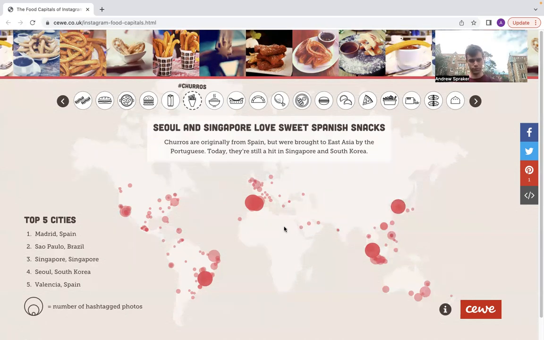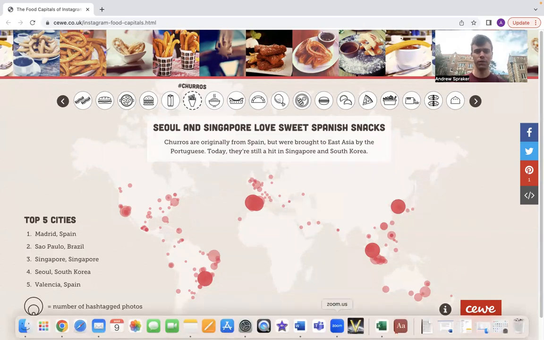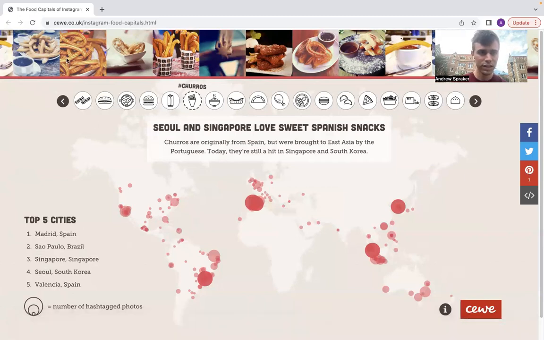By looking at this, you can know pretty much right away that if you go to Madrid, Singapore, or Seoul, you're going to find a lot of burritos. And I think that's kind of a benefit of this program, that instead of showing you data, after running it through the Instagram program, it showed you on a map with these little circles where they are.